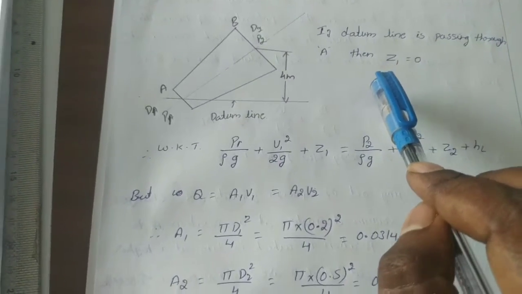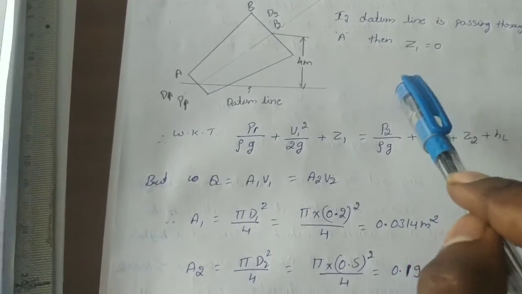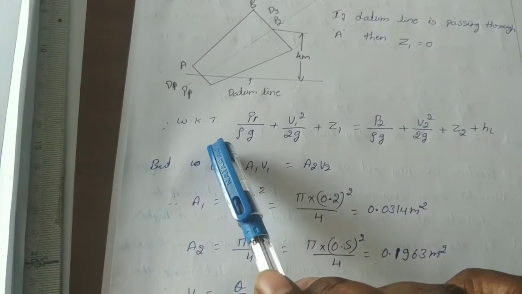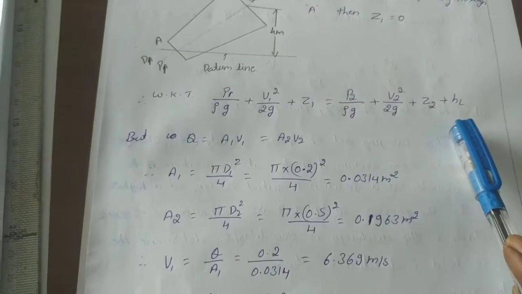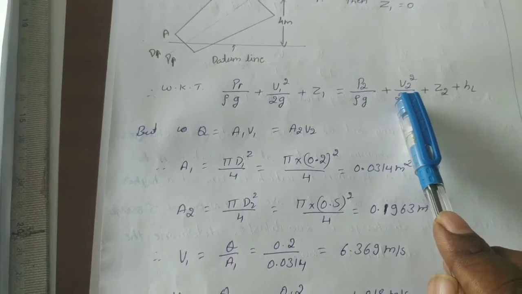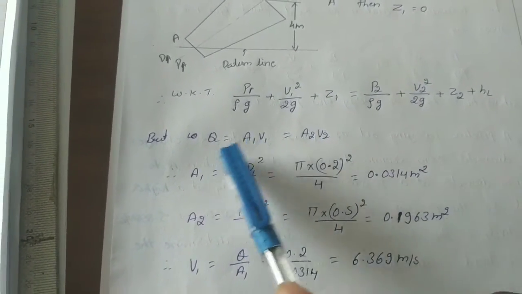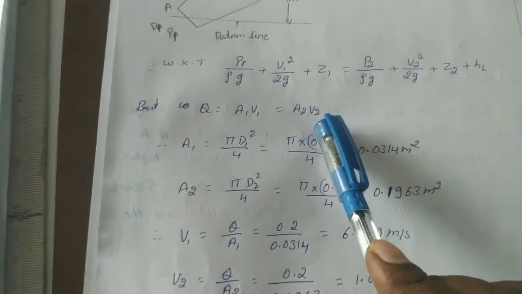The problem does not mention the Z1 value, but we have to consider it as 0. According to the Bernoulli's equation for the real fluid, this is the equation. Again in this equation, V1 and V2 are unknown values. To identify the V1 and V2 values, we use Q is equal to A1 V1 is equal to A2 V2 according to the continuity equation.